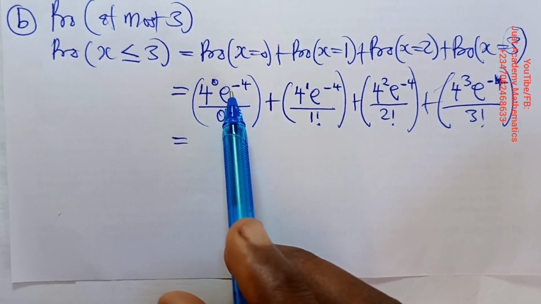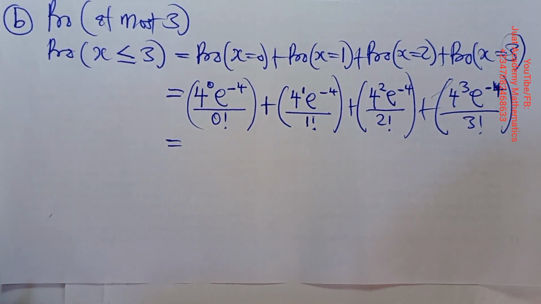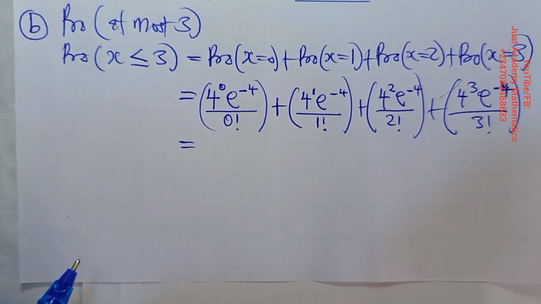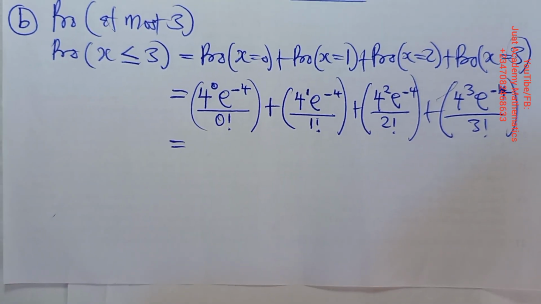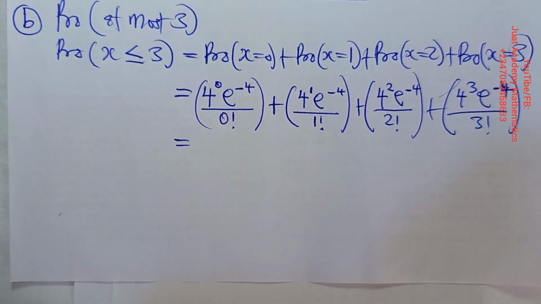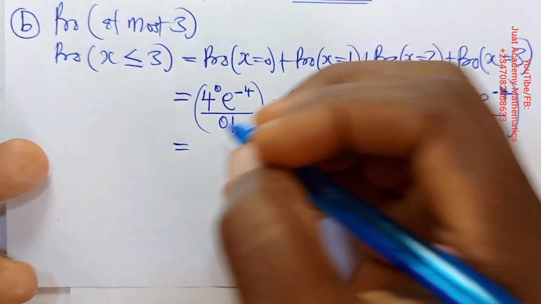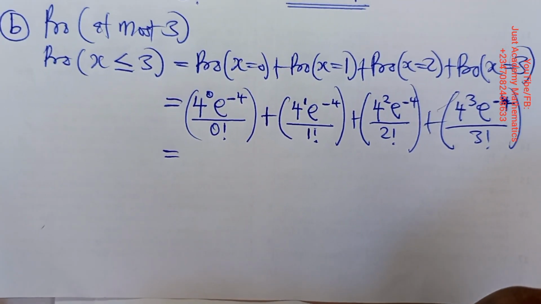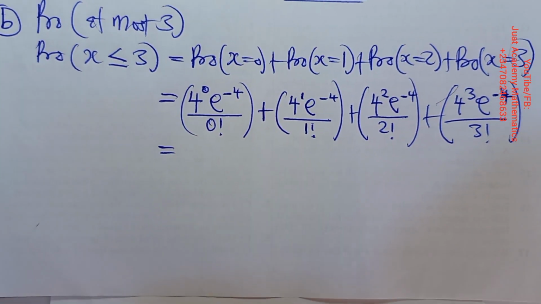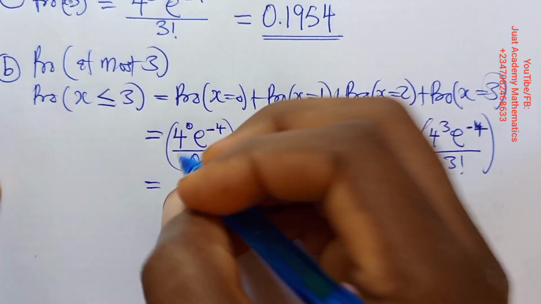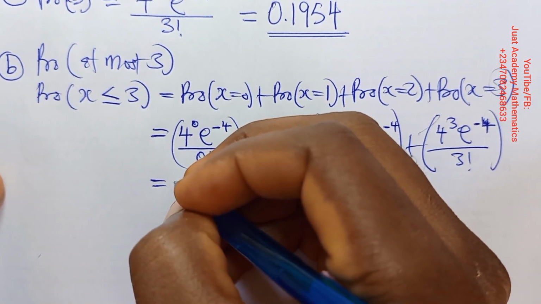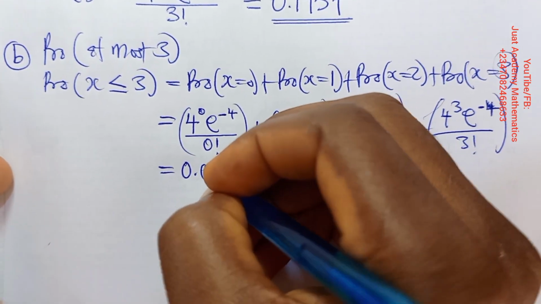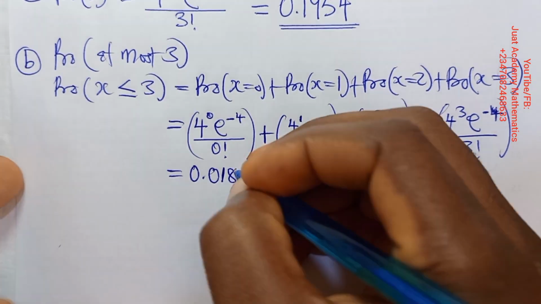So we are left with only e raised to the power of minus 4, which is 0.0183.